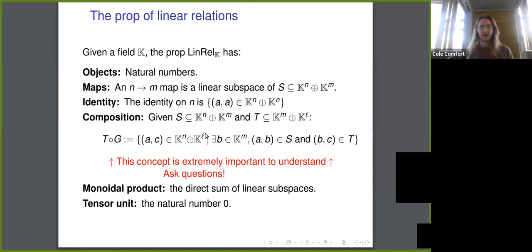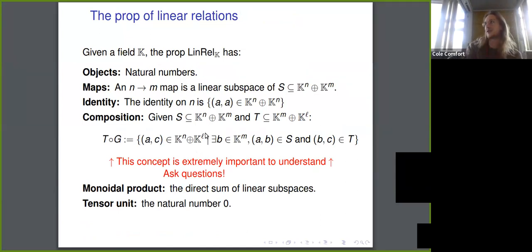Okay. Now this slide is very important, and maybe for some people might not be very intuitive, so I'll try to stress some points. In the past few slides I was discussing the prop of matrices, or more generally vector spaces and linear transformations.